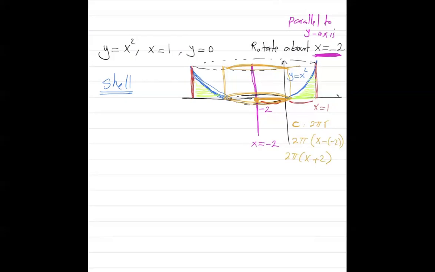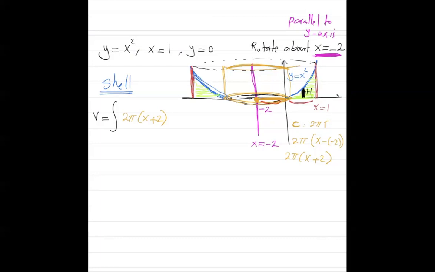So in applying the shell method, the volume is equal to the definite integral of 2 pi r, which is 2 pi times x plus 2, times the height. Calculating the height should be very easy for you by now. The height of this typical cylinder is located here.